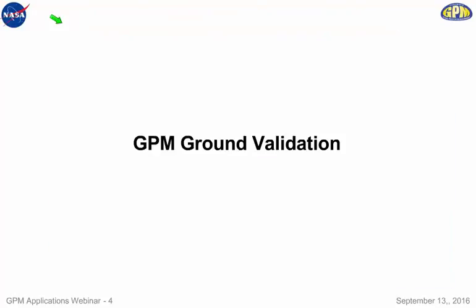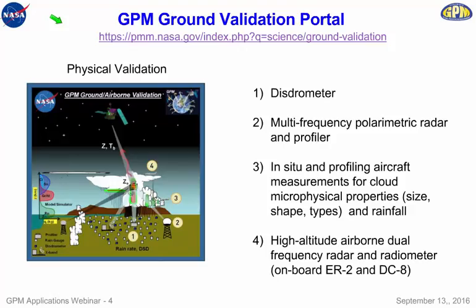So just a few words about GPM ground validation. The GPM products are constantly being evolved right now, but there is a GPM ground validation portal that you can access through this site. And there are multiple ways algorithms are tested and data are being validated right now.